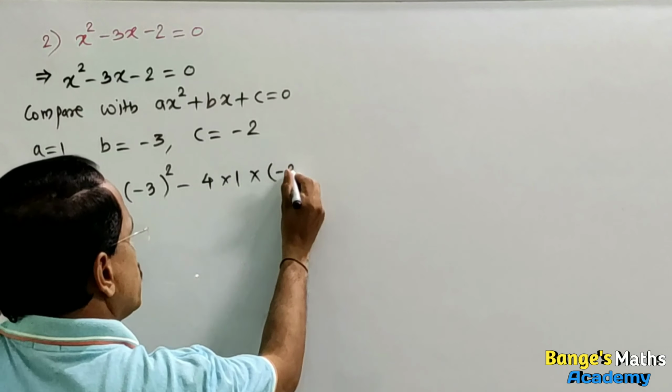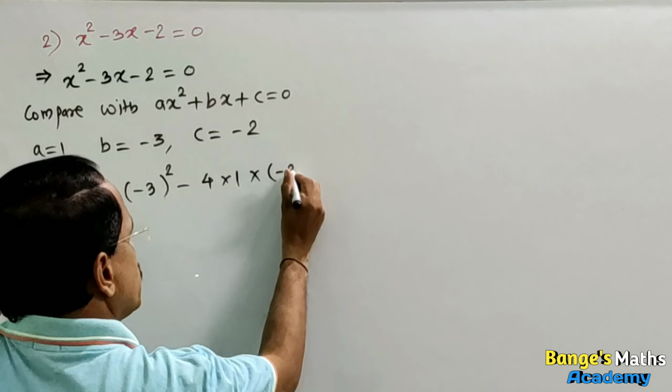Compare the given equation with ax square plus bx plus c is equal to 0. Then write the values of a, b and c. Value of a 3, value of b 2, value of c minus 7.